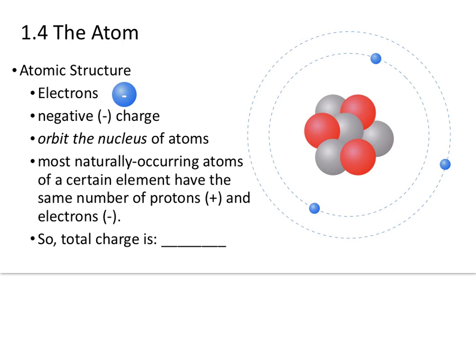So, if protons are positive, plus, plus, plus, and electrons are negative, minus, minus, minus, in a naturally occurring atom of, in this case, lithium, the total charge is 0 because they all cancel out. So we have 1, 2, 3 protons in lithium, and normally 1, 2, 3 electrons in a lithium, balancing out to 0.